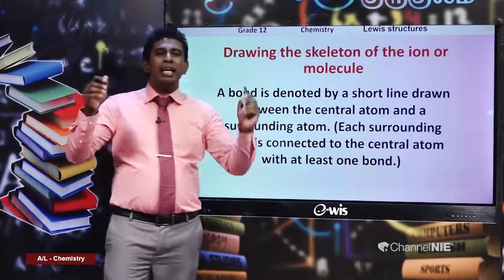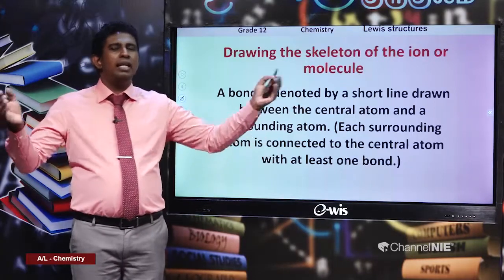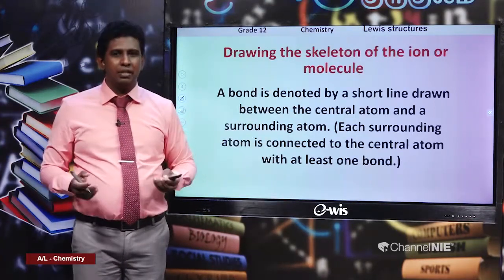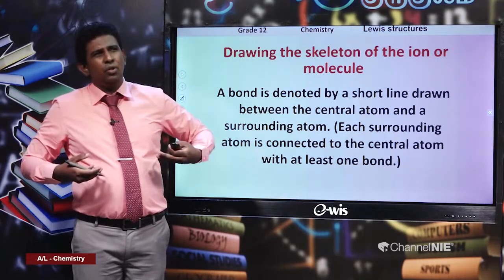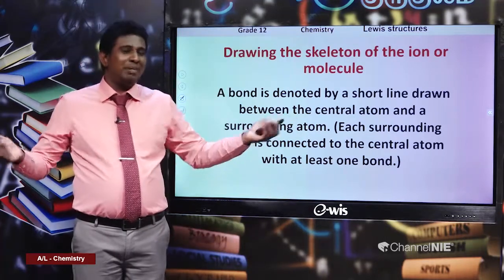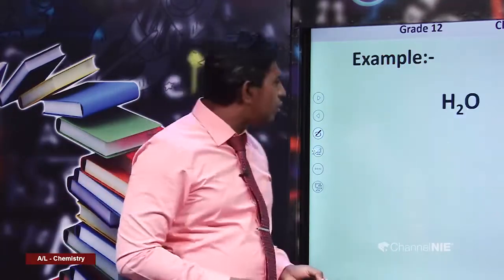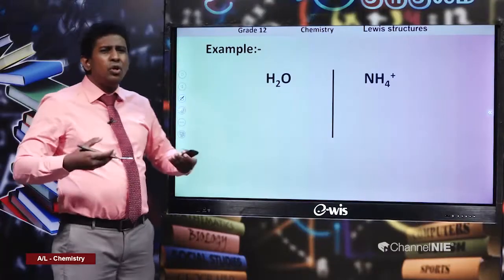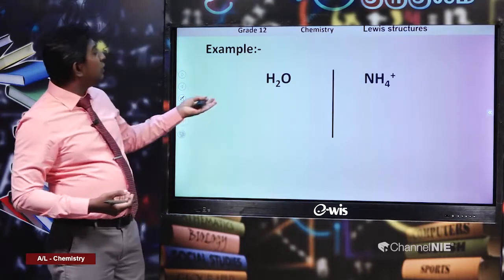As it completes 8 electrons, making them stable, let's place all those electrons on the other atoms. Then let's find our chances to write either double or triple bonds, if it's possible. That is the way we are going to handle it. Then students, let's draw skeletal structures for these two.